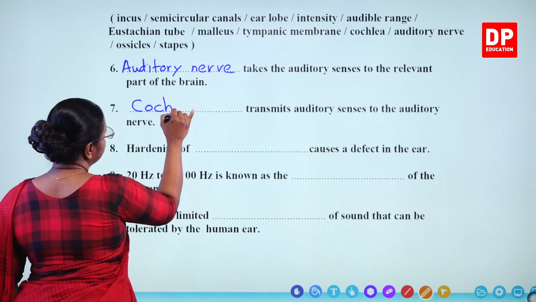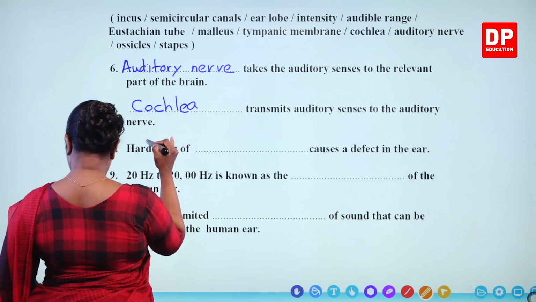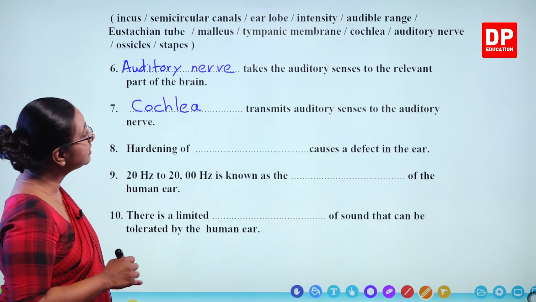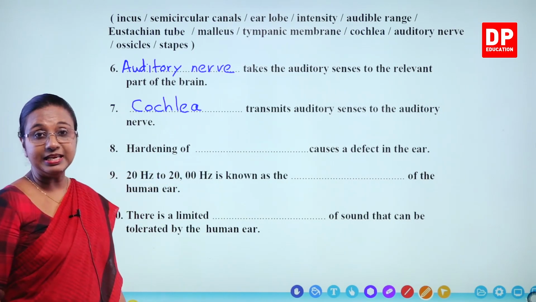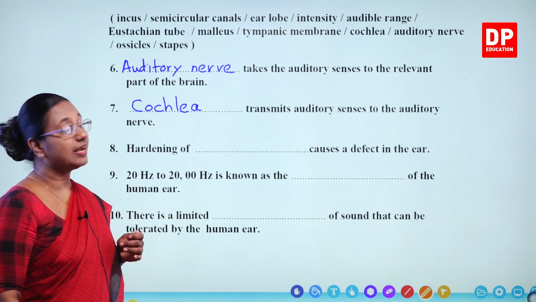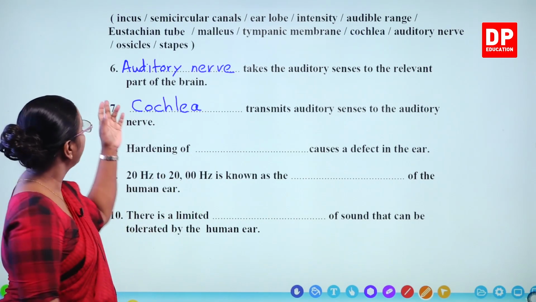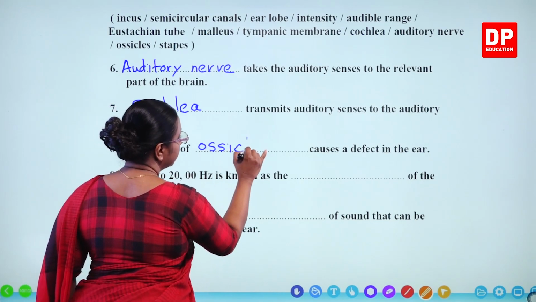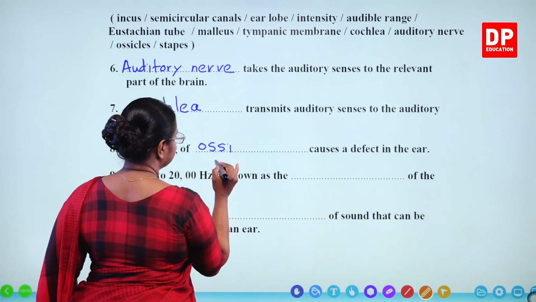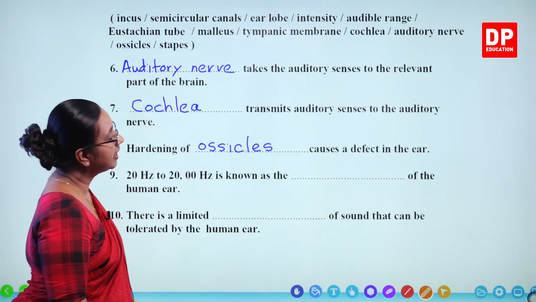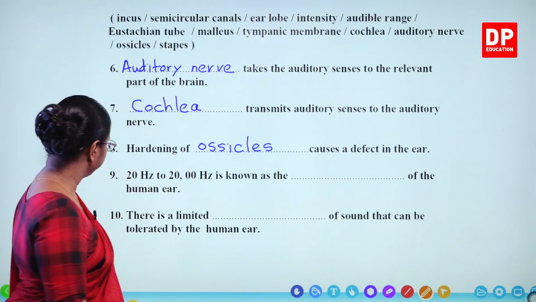The cochlea transmits auditory senses to the auditory nerve. Then hardening of blank causes a defect in the ear. Hardening of what? Ossicles. Hardening of ossicles causes a defect in the ear.